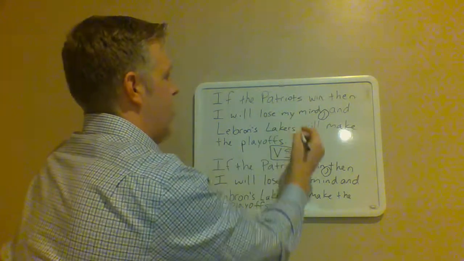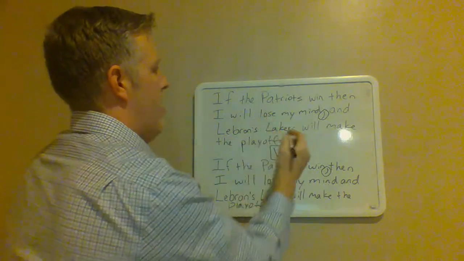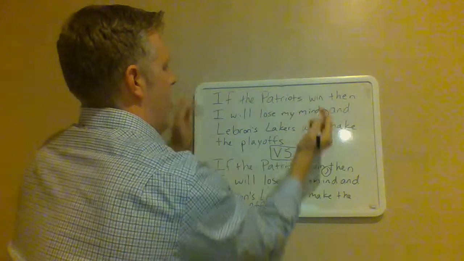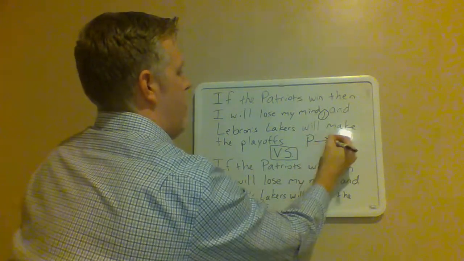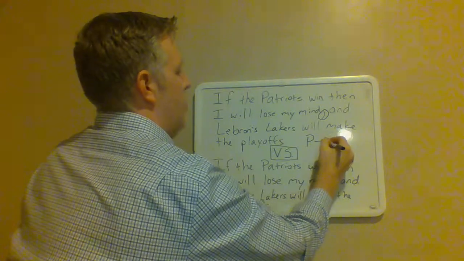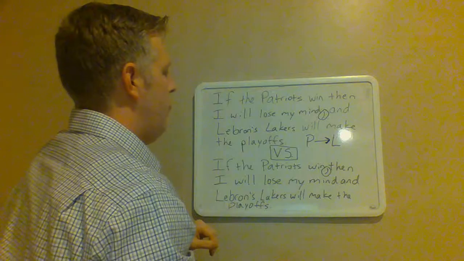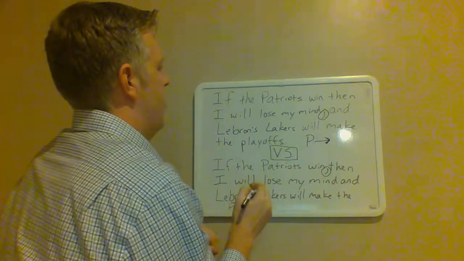So, if the Patriots win, then I will lose my mind. That's all expressed as one thing, right here at the very beginning before the comma. So that's taken together. If the Patriots win, if P, then, it's a conditional, then I will lose my mind, and let's represent that with an L, okay? Or let's actually use something else, because I'm going to use L for LeBron's Lakers.